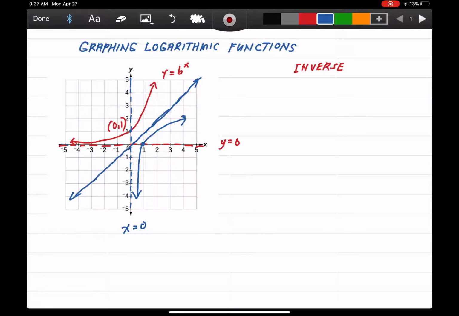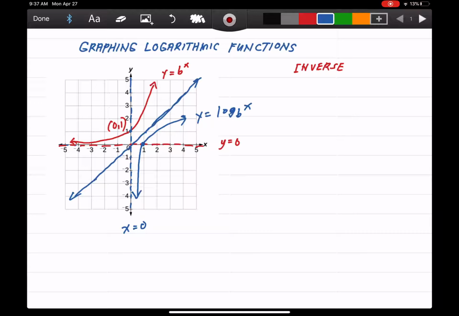And actually, this graph right here is the graph of the logarithmic function, the graph of y equals the logarithm of x with base b. So in other words, we can say that the logarithmic function is the inverse of the exponential function.